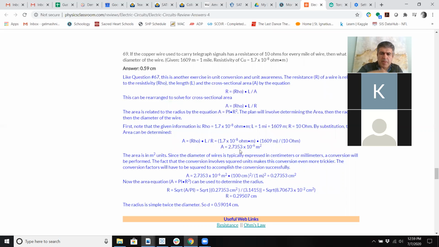Square centimeters, if I kept it that. Not quite sure what I may have done wrong. Yeah, because we want to divide by pi. Not quite sure what I did wrong, but we'll just move on.